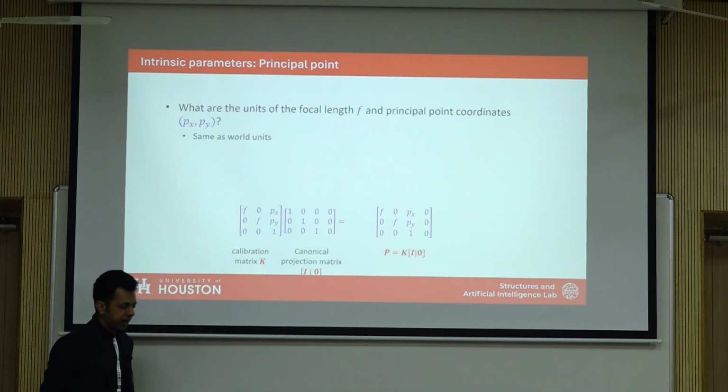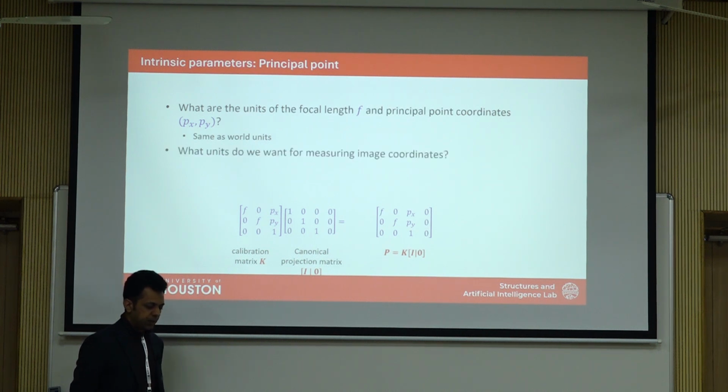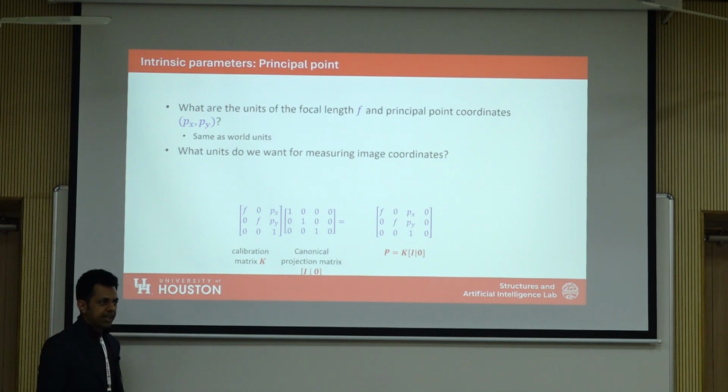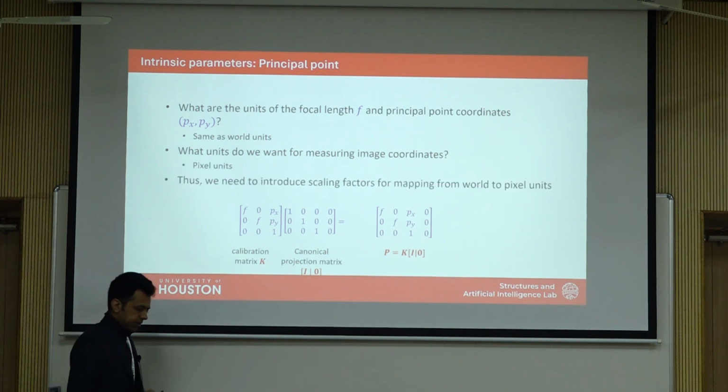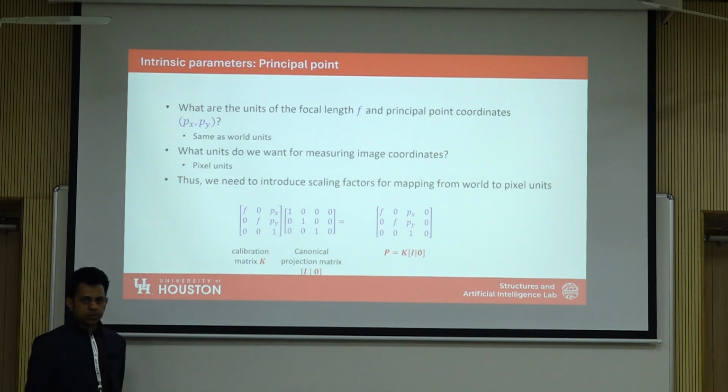So the focal length is the same as the world units, whatever that is. But for measuring image coordinates, what do we want? Pixels. So these are different units. So we need to add some factor to change the units as well. And these are called scaling factors, and they map from world units to pixel units.